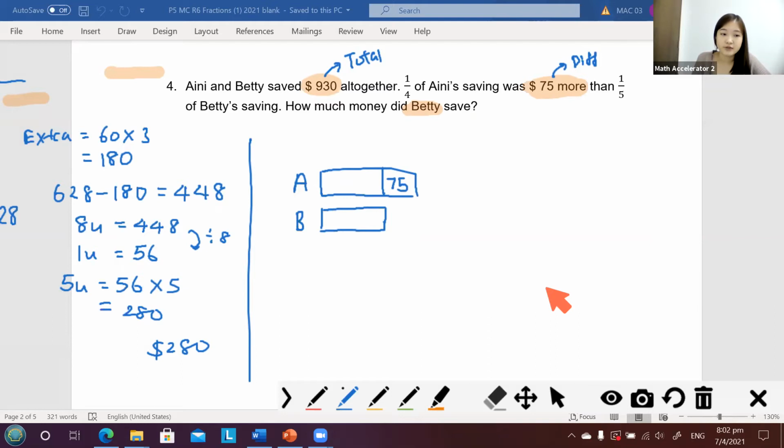Okay, now check if you need to stack it up because we only have 1/4 of Aini and 1/5 of Betty. So Aini, 1/4, you only have 1 out of the 4. So you need to add in another 3 more. Okay, stack it up.